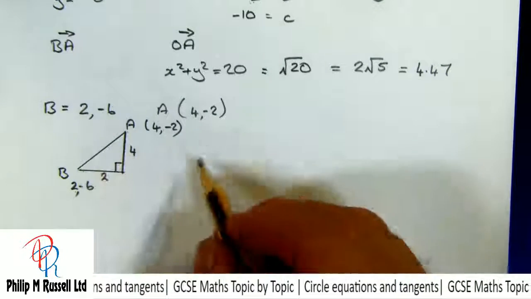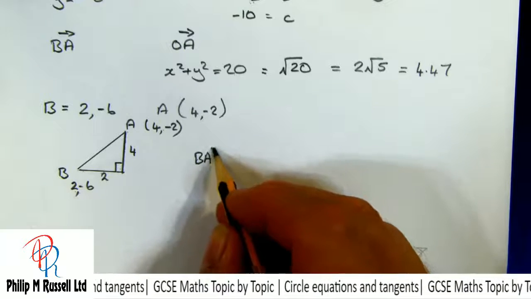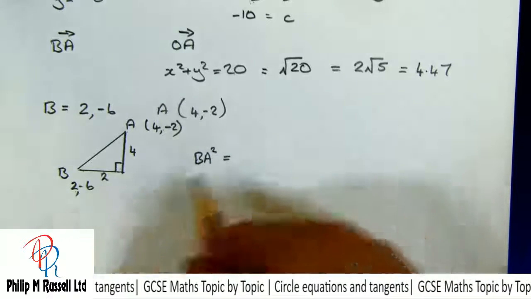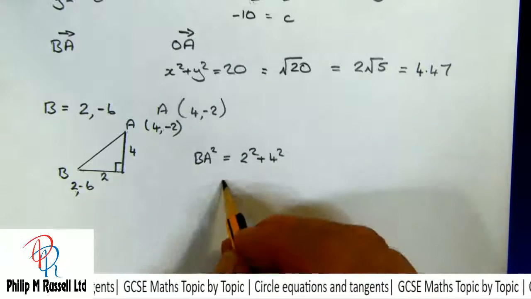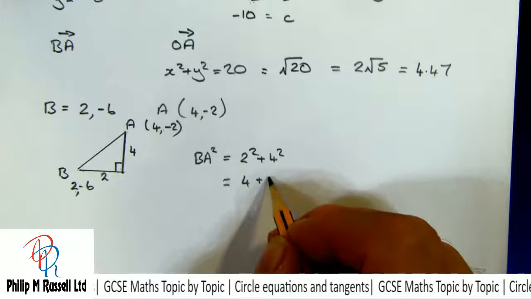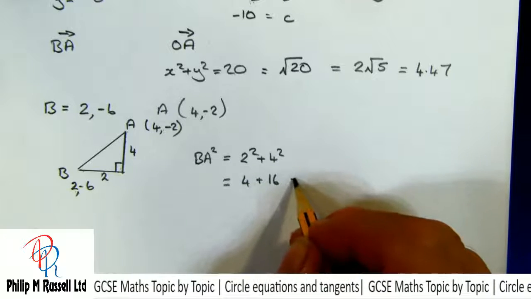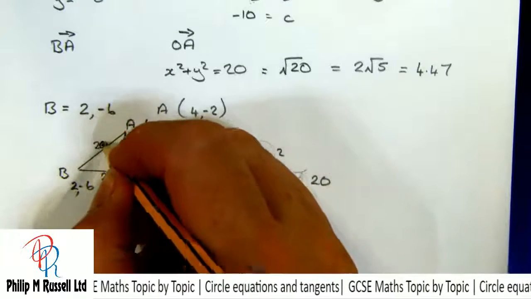So if I want to work out what BA squared is going to be, it's going to be 2 squared plus 4 squared. 4 plus 16 equals 20. So I've got here 20.